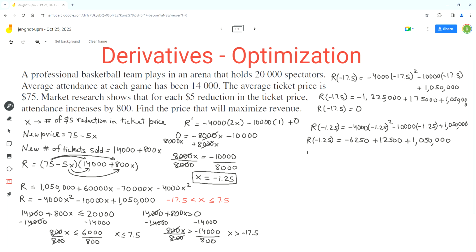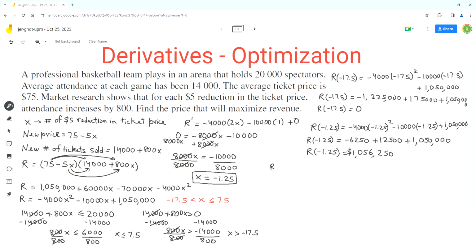Now we can combine these terms. So r at negative 1.25 equals negative 6,250 plus 12,500 plus 1,050,000. So I got 1,056,250, and that's the revenue. So the unit is dollars.